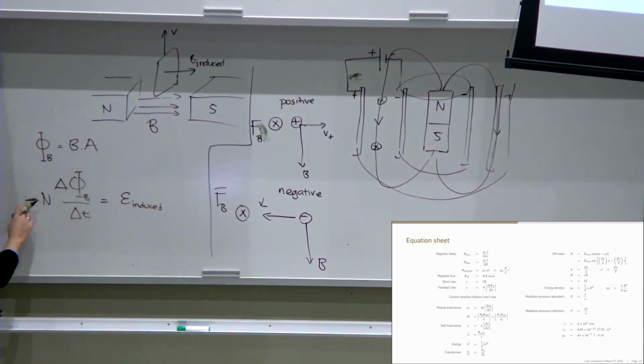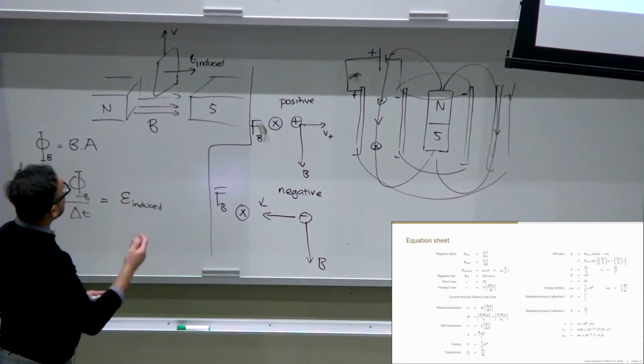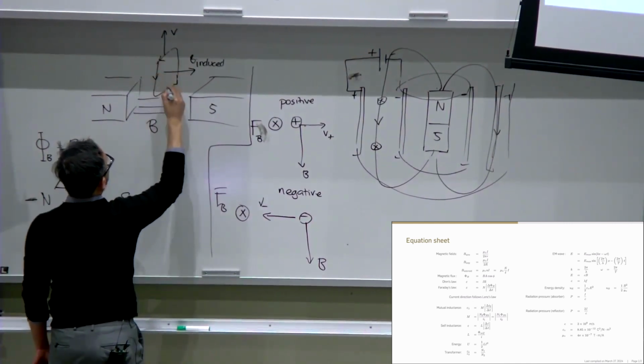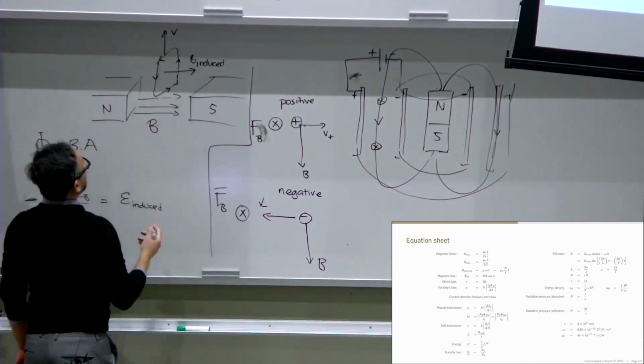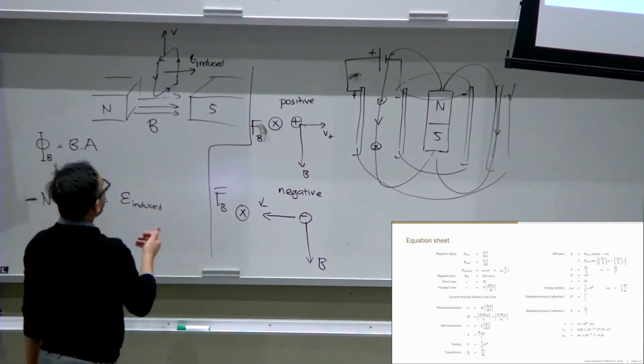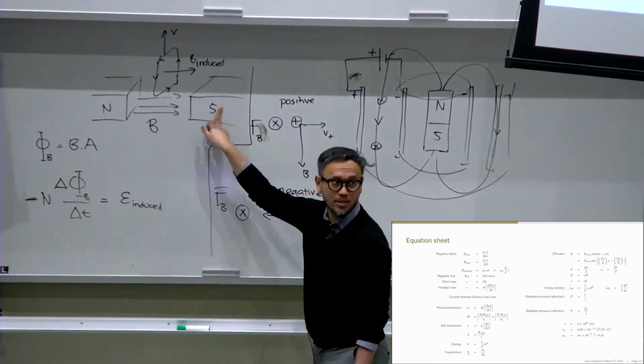The reason why I put a negative sign here is that the direction of the induced magnetic field opposes the changes. So once you know the direction of the induced magnetic field, then you can figure out the direction of the currents. Here, if you look at it from the North Pole, it will be clockwise. If you look at it from the South Pole, it will be counterclockwise. So you have to be careful. You have to read the problem carefully.